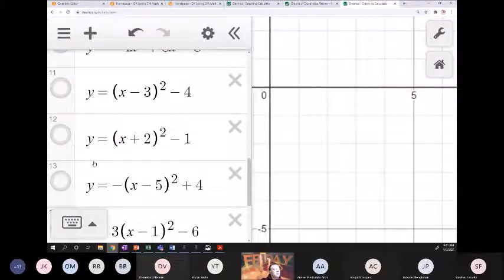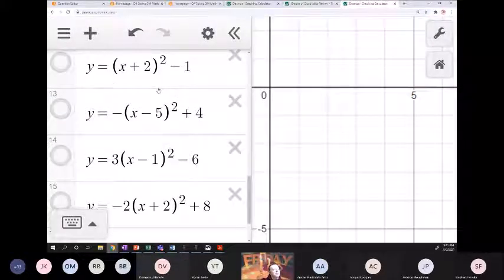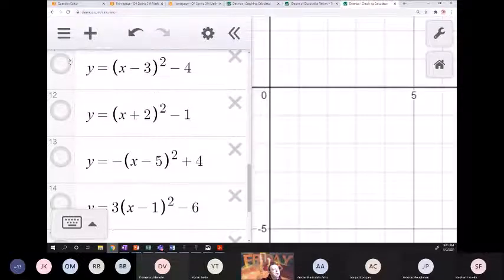Okay, who can predict for this one here, what's going to be my vertex? Can you write it in chat what the vertex should be here? And remember about your land of opposites. I haven't seen a perfect answer yet.